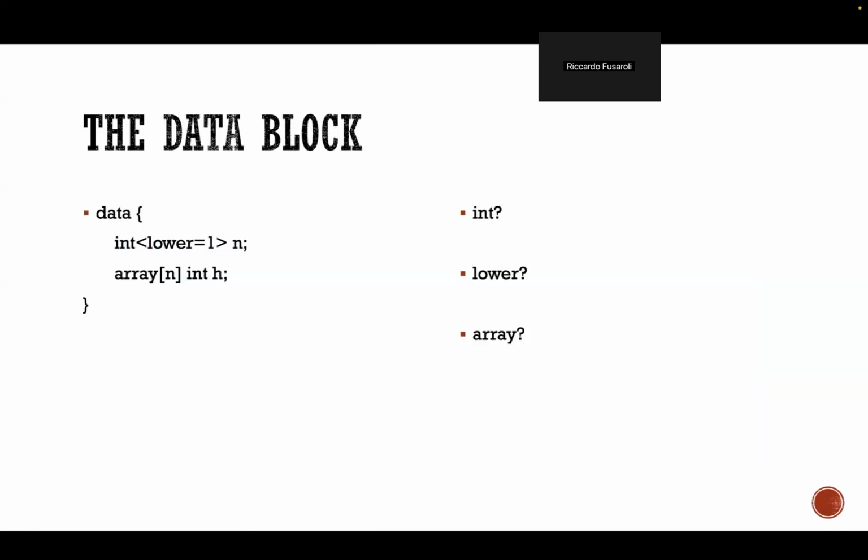So what we can do is we can say data, curly brackets. There is one number that's an integer, which is n. We call it n. It could be anything, it could be trials. And then we specify lower equal 1. Why are we saying lower equal 1? Imagine that we have something that's lower than that. We have 0 trials.